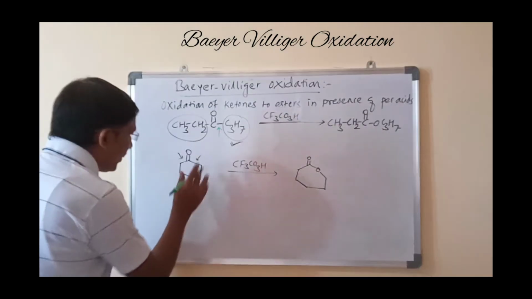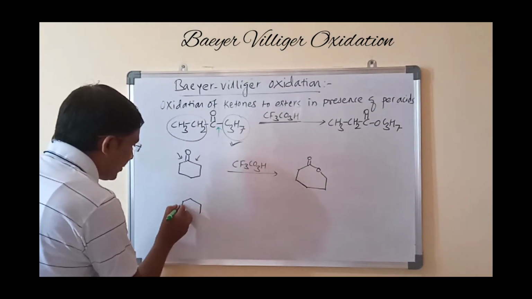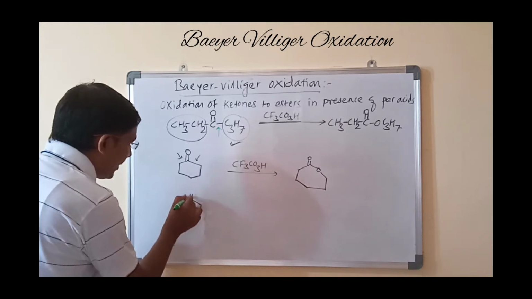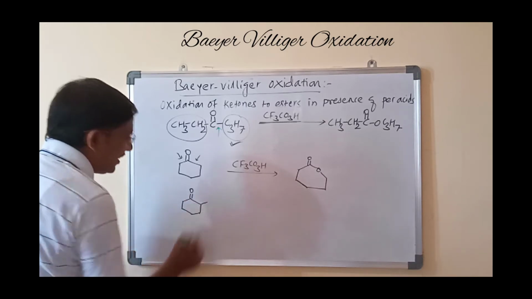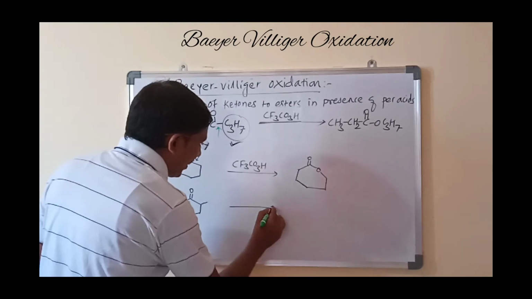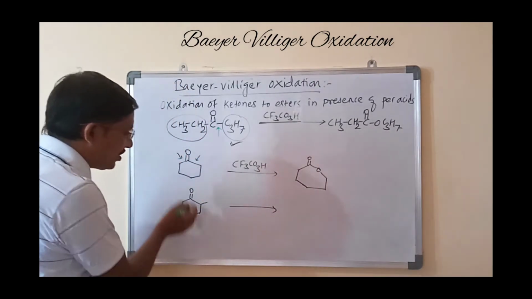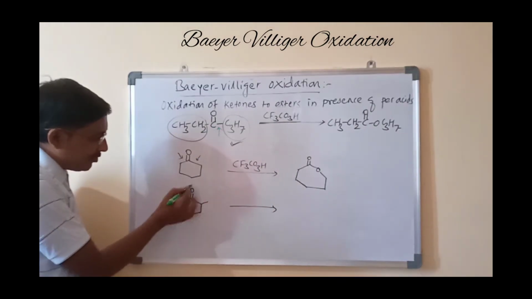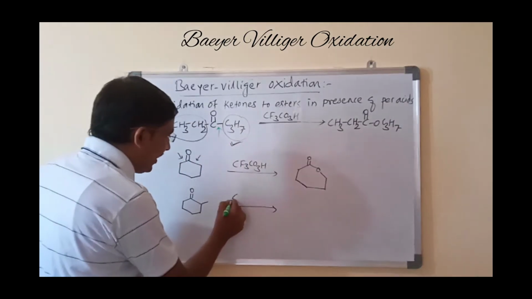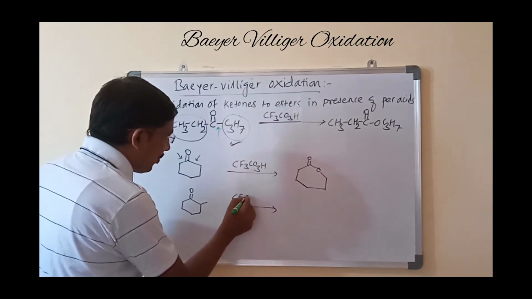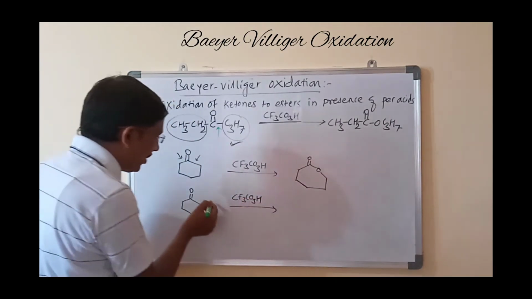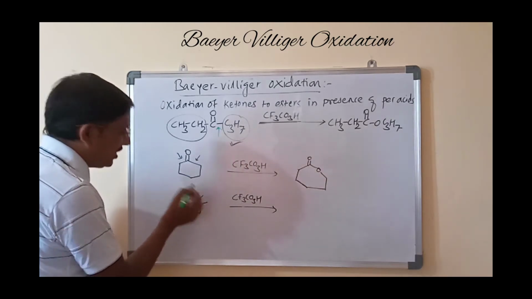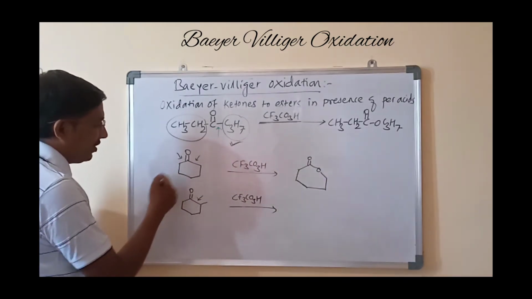If we substitute one of the sides, like here methyl CH3, then this molecule is not symmetrical. This side is more electron donating. Hence, in presence of this per acid, extra oxygen is inserted only this side, not on this side.